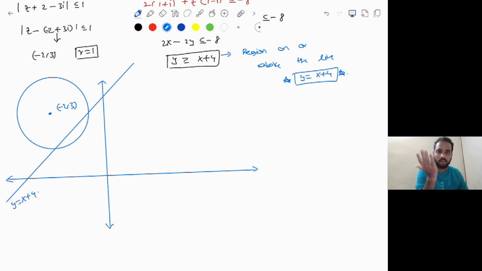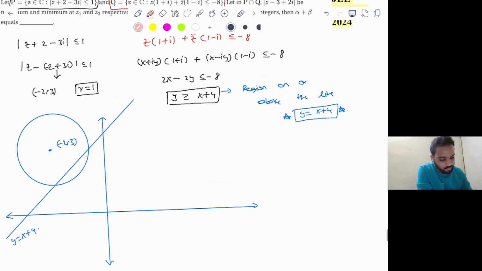Once again, if the perpendicular distance from center to the line is greater than the radius, then the line lies completely outside. If it is exactly equal to the radius, it will be tangent. And if it is less than the radius, it will be acting as a secant line. So in this case, you will get it as secant. Now let's understand the region because it is lying on or inside the circle, and it also needs to lie above this straight line.